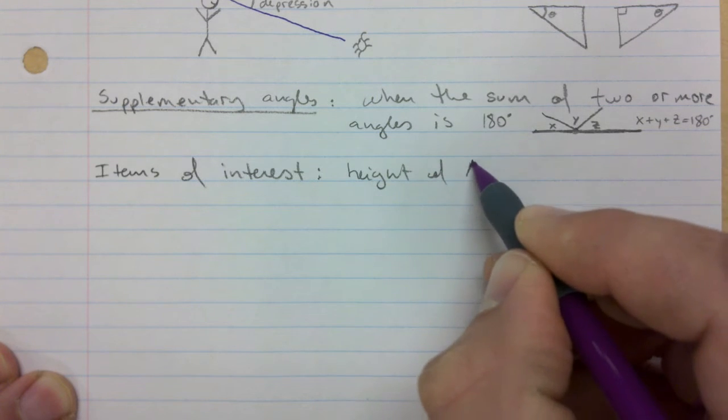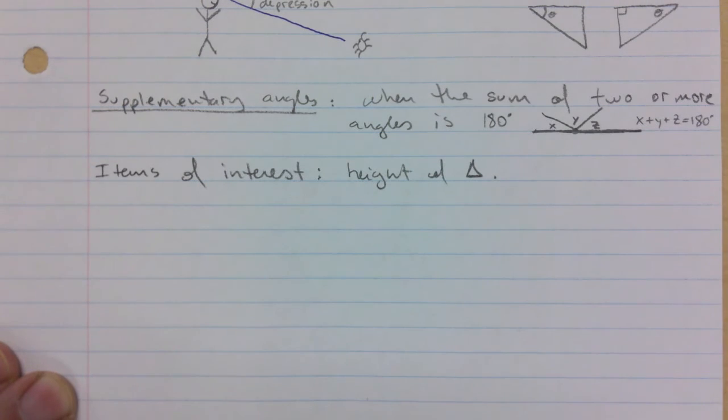Height of triangle. This is the quickest way of doing that, and it works every time. You can do it the way I just showed you, but this is a shortcut.